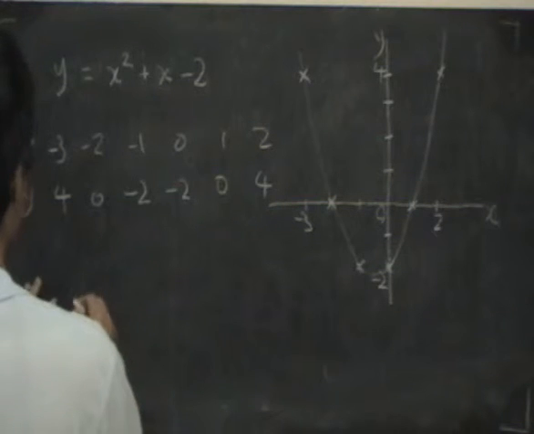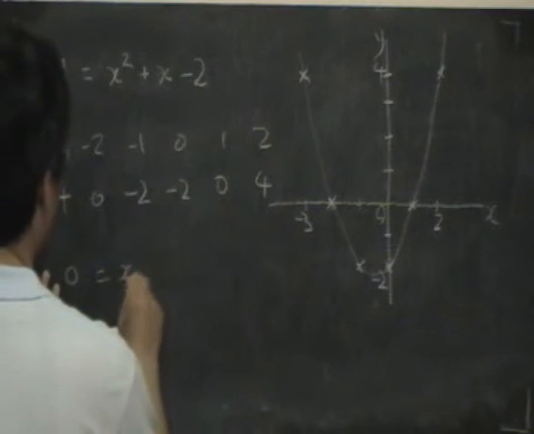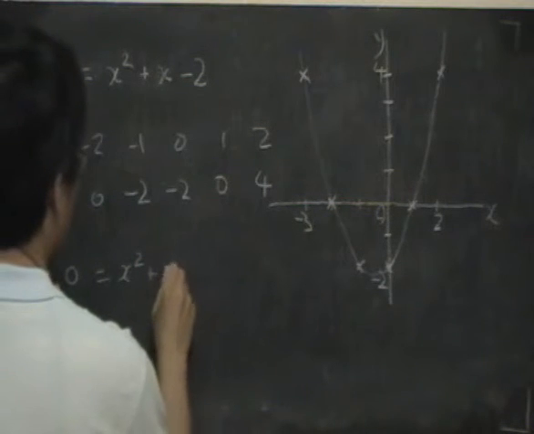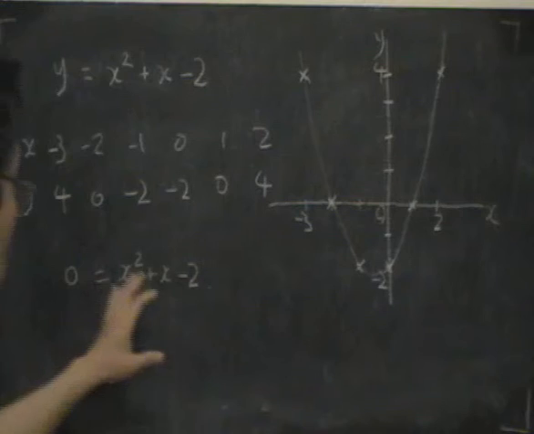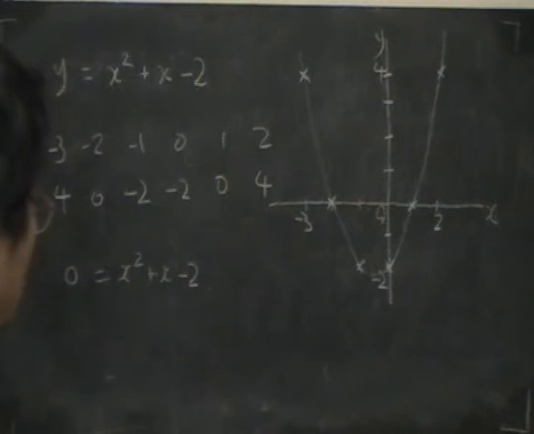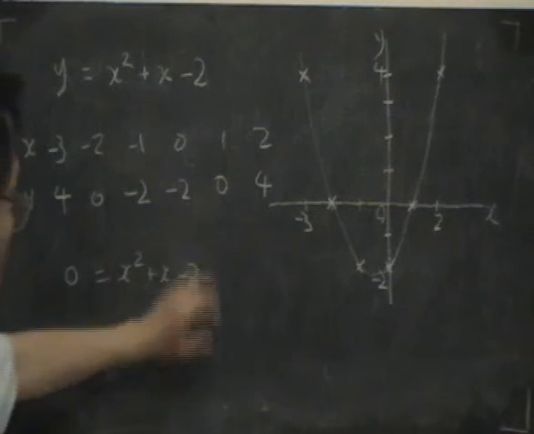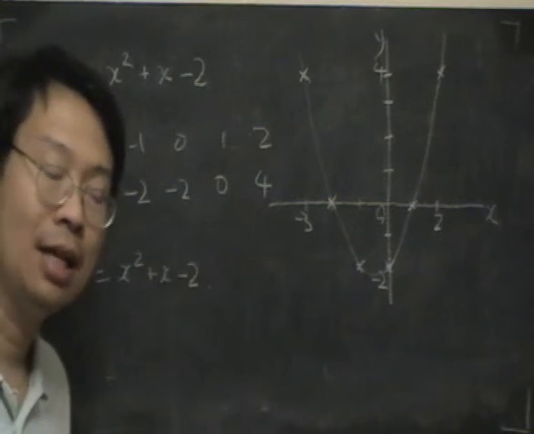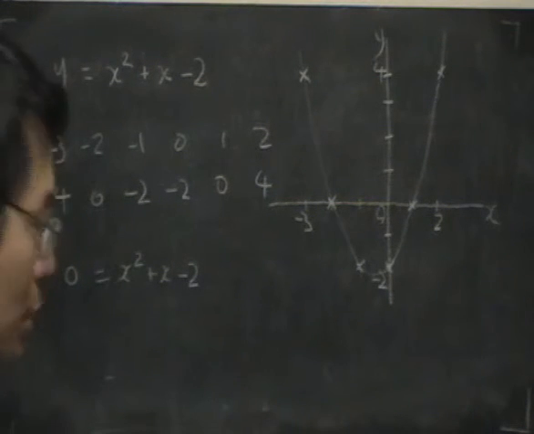Now suppose I make this equation 0 is equal to x squared plus x minus 2. Now that is an equation that we can at least try and solve. It is an equation that contains just x, and you have seen this kind of equations in algebra.